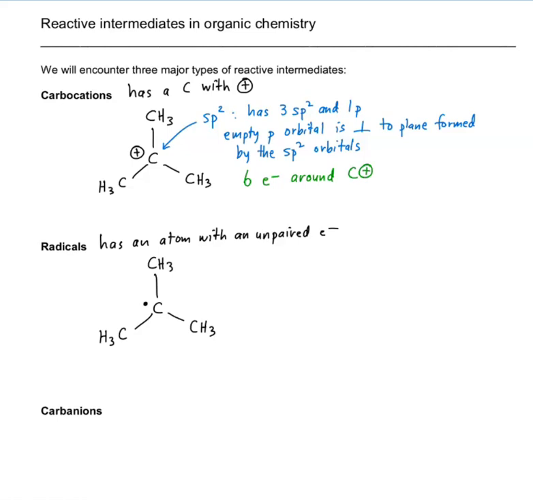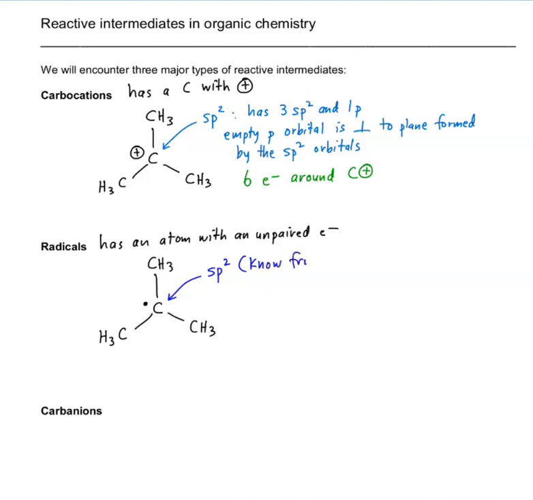Now, the hybridization of the carbon in this case that has the unpaired electron is actually sp2. Now, because you have the 3 bonds and that 1 electron, it looks like you have 4 things, which you do. So you wouldn't be out in left field if you thought that that should be sp3. We happen to know that it's sp2 because of experiments that we've been able to do.